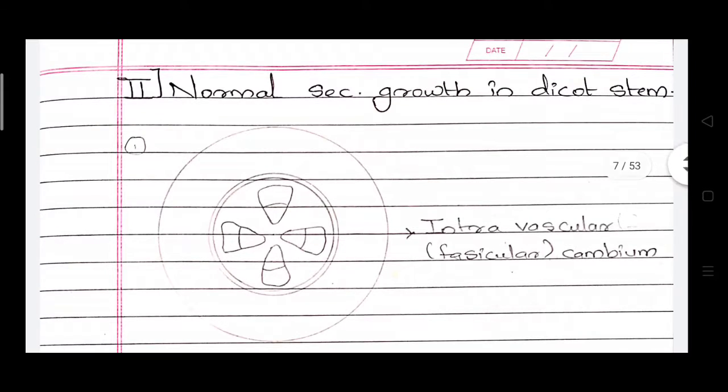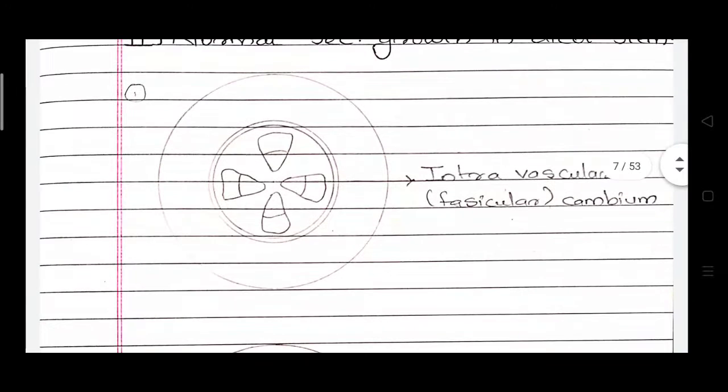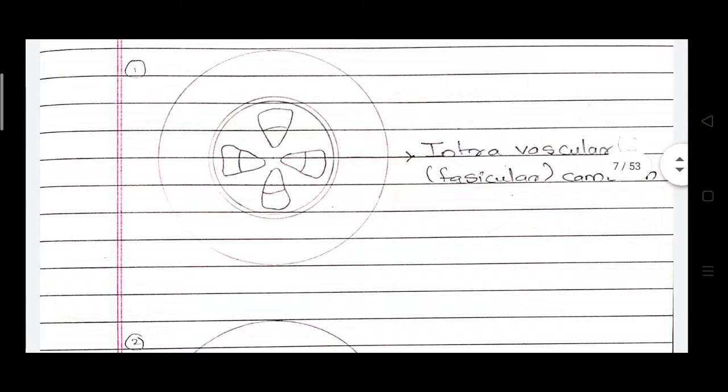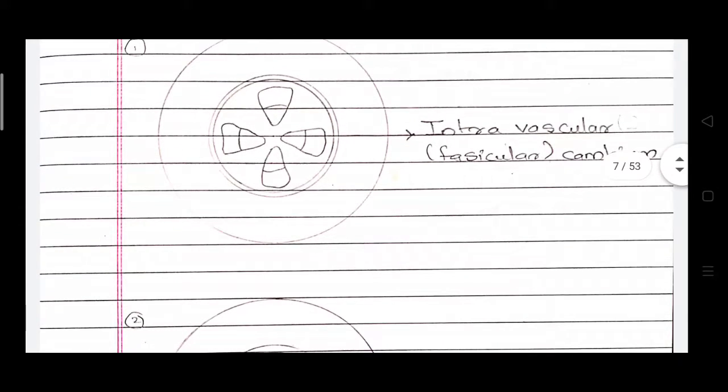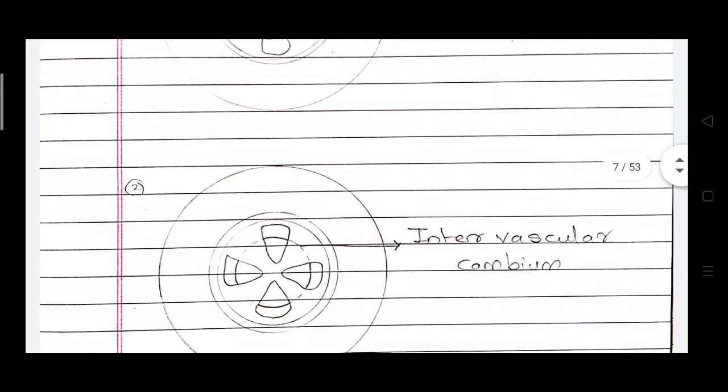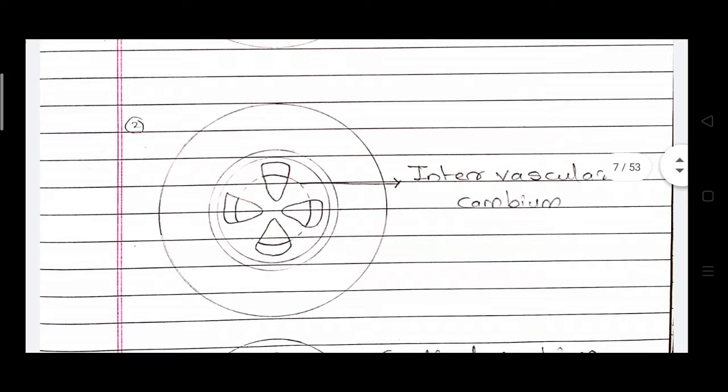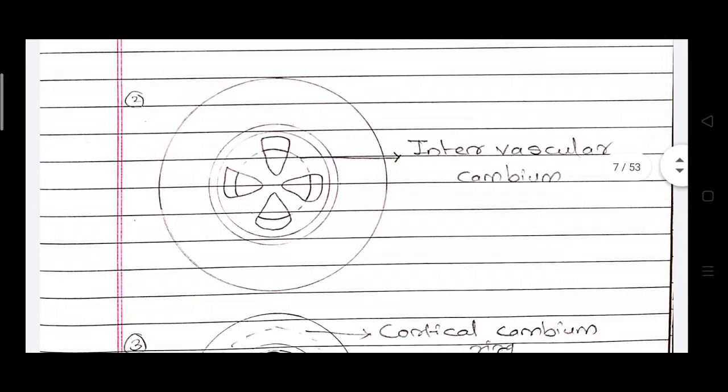Then what happens in normal secondary growth in dicots? First, the intrafascicular cambium is developed, in between the xylem and phloem region. Sometimes the interfascicular cambium is developed, that means between two vascular bundles.